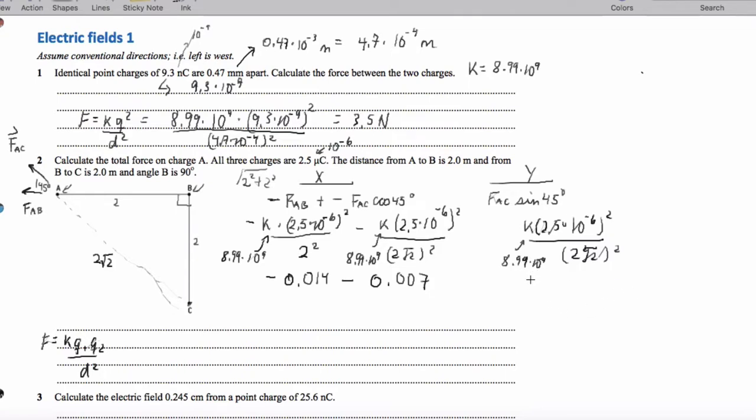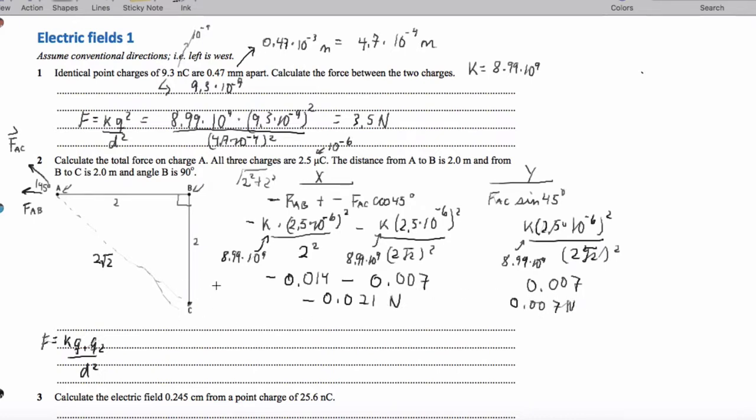And here this will also be 0.007. So we end up getting here negative 0.021. 0.007 newtons in the y direction.